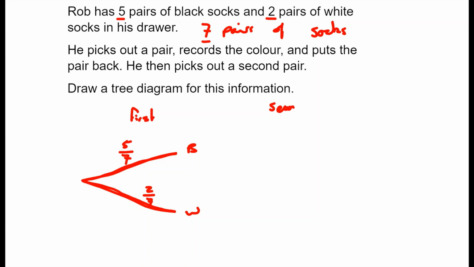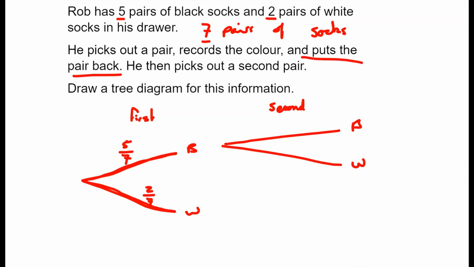Now he's going to put the pair back and pull one out again, seeing what the colour is. So if he picks a black one on the first pick, he could still pick a black or a white with his second pick. Because he puts the pair back, there's the same number of pairs in there as where he started.